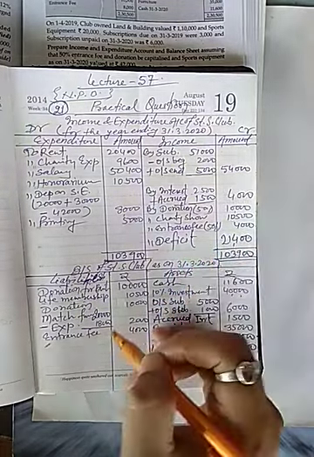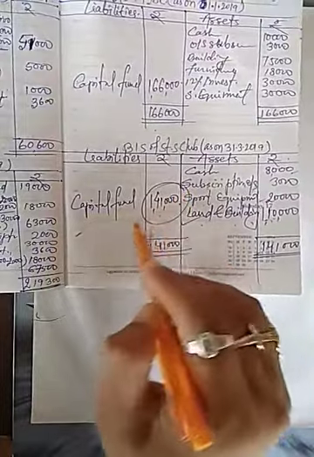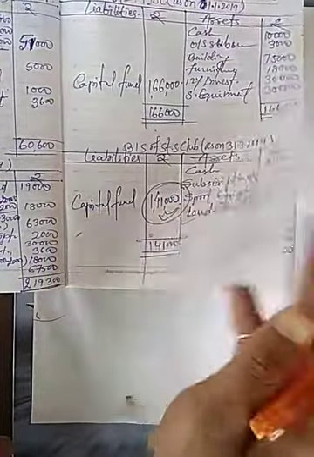So now I will write capital fund. I have calculated 1,41,000.